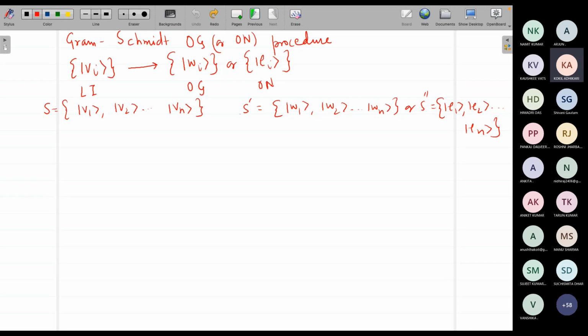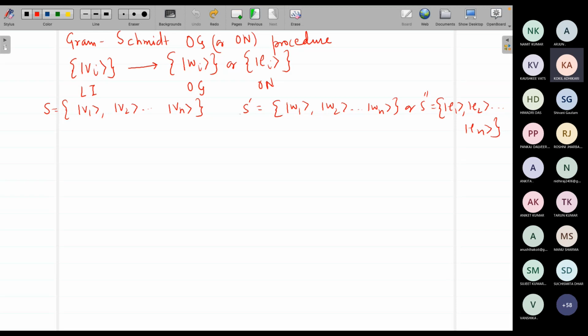In the morning's class, we discussed that orthogonal or orthonormal vectors are an important aspect of basis vectors, because in an orthonormal basis the component vectors can be written directly in terms of inner products, and the inner product of two vectors becomes rather simple, for example multiplying the coefficients, of course after taking the complex conjugate.